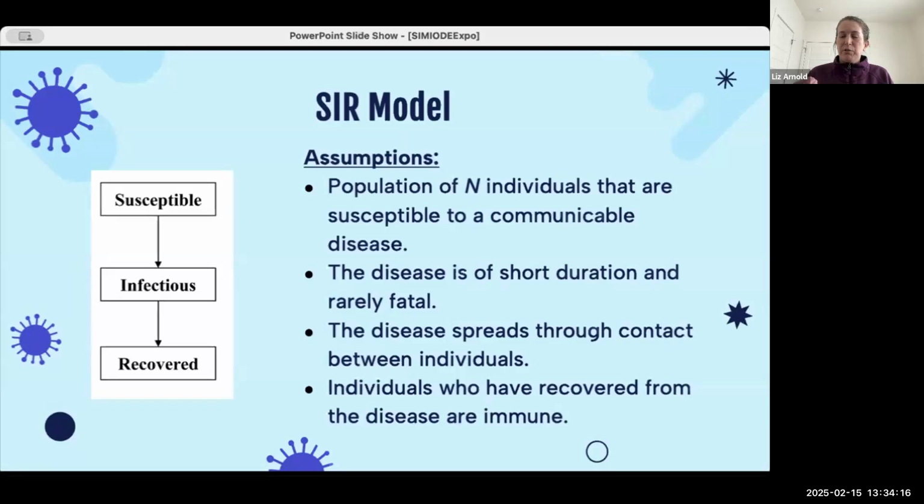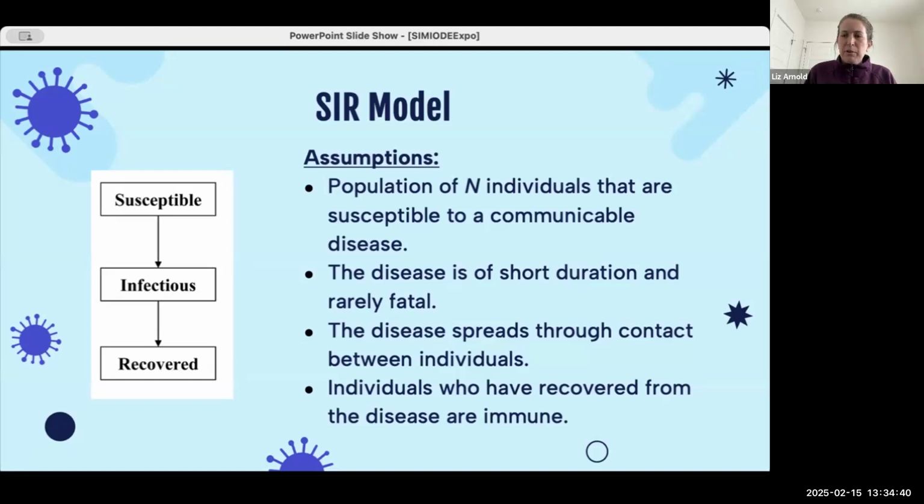The disease spreads through contact between individuals, so you need to have some contact with an infected individual to have a chance of getting the disease. And individuals who have recovered from the disease remain immune. These are some of the basic assumptions of the more simplistic SIR model.